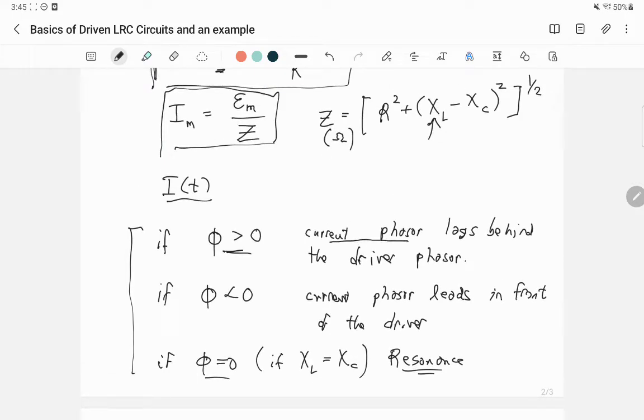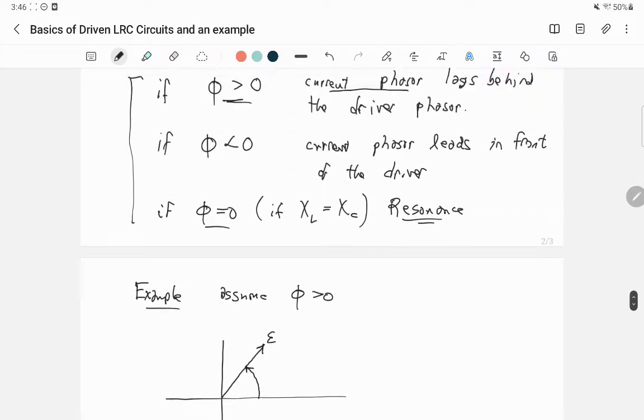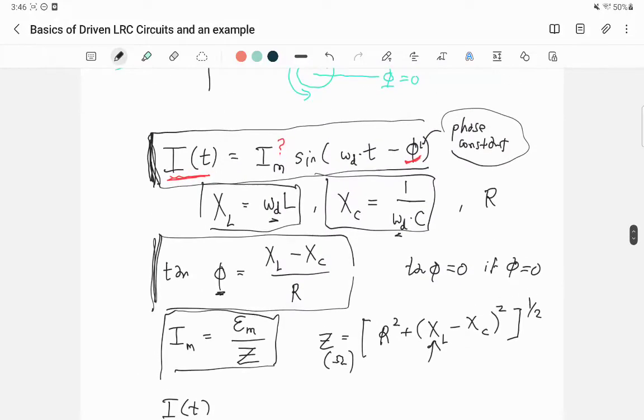That means that the current phasor is going to be behind the driver phasor. So here is a point in time at which the driver phasor is here. This is an angle, and that driver phasor has a length equal to the amplitude of the driver.